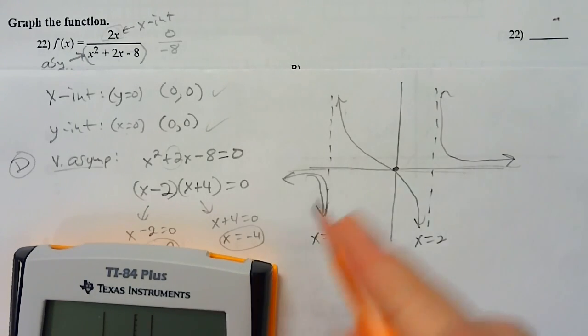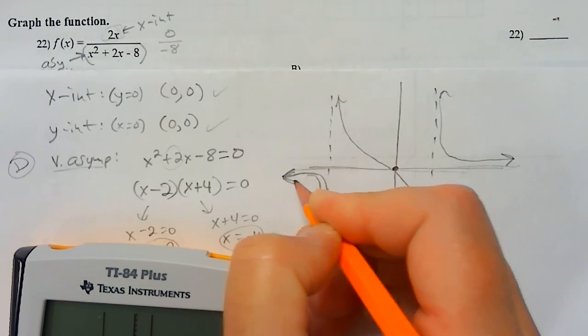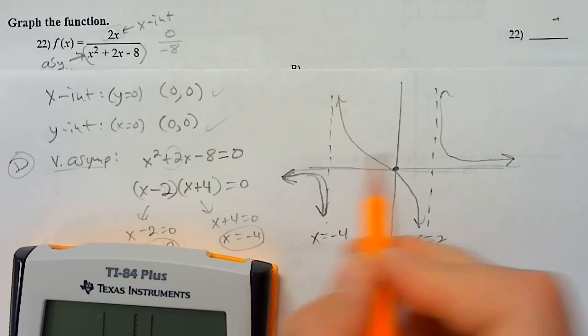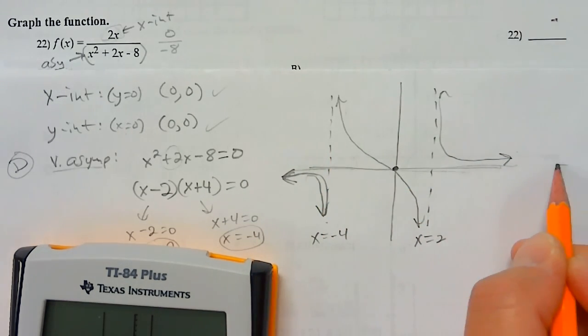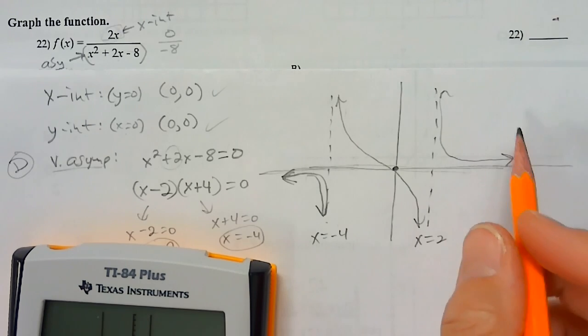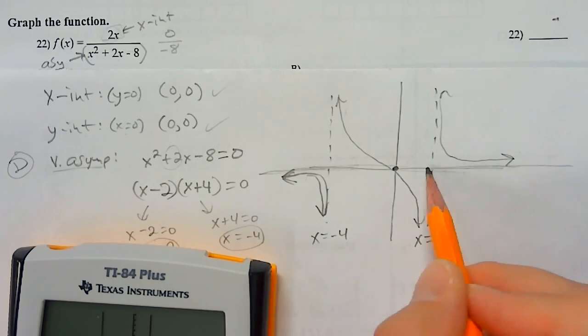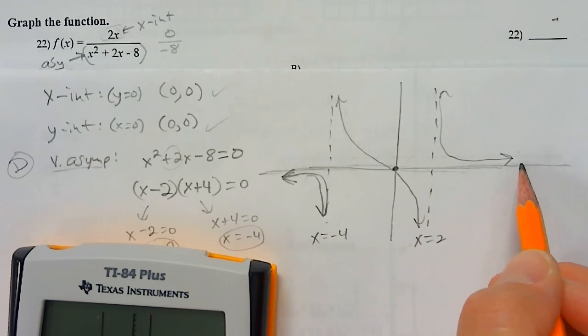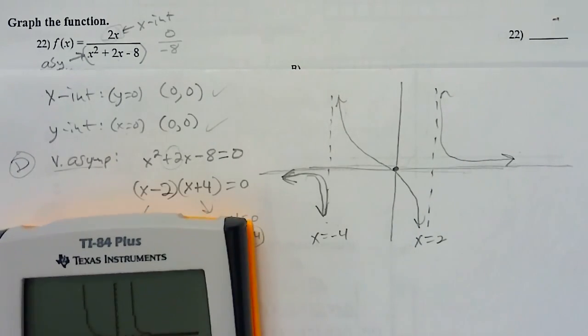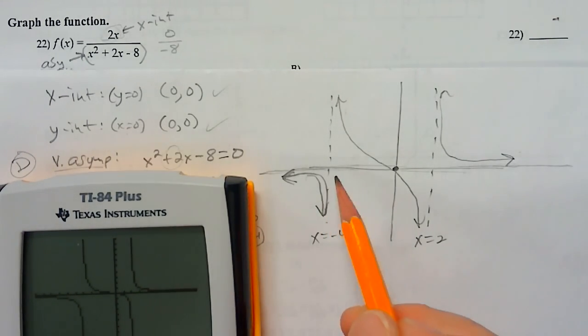Also, please make sure that this is approaching horizontal and not looping back down, because that end behavior is important. Going both directions, it's approaching the y equals 0 line. So that's a horizontal asymptote that tells us about our end behavior. So please don't make it loopy. Just try and go as straight as you can without touching asymptotes, horizontal or vertical.